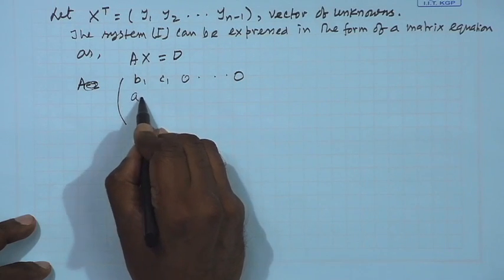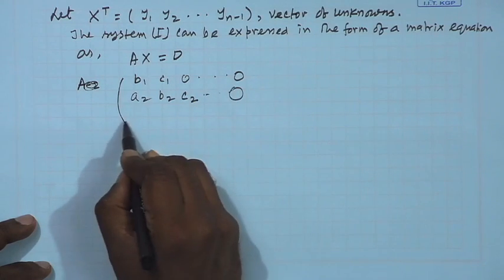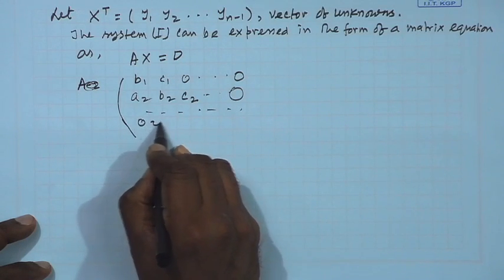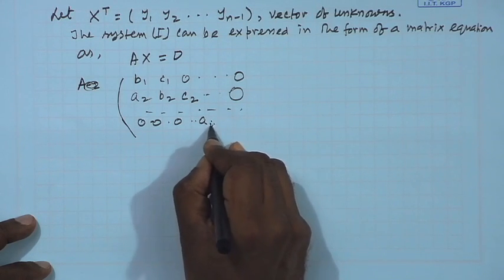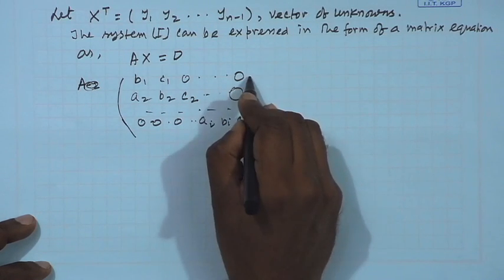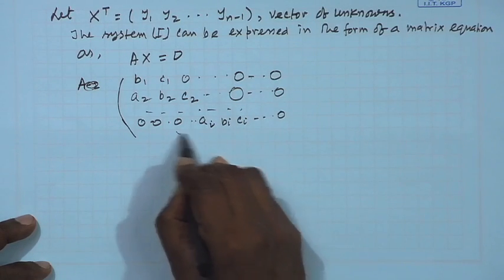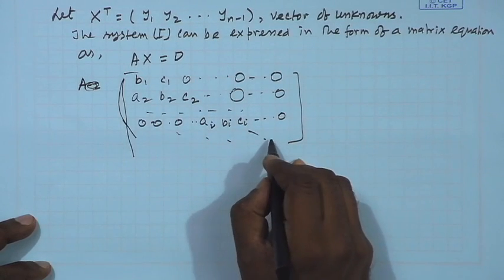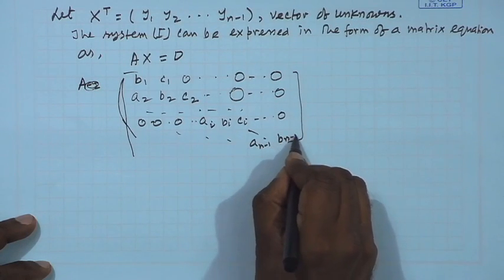The next row is a2, b2, c2, with the remaining elements 0, and like this, in the ith row all are 0 except a i, b i, c i. Finally, the last row is a n minus 1, b n minus 1.